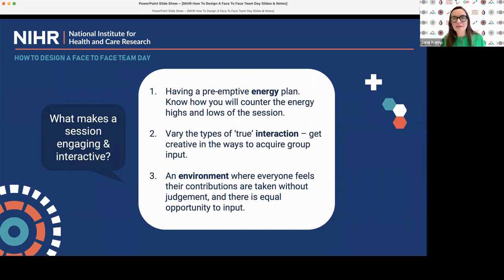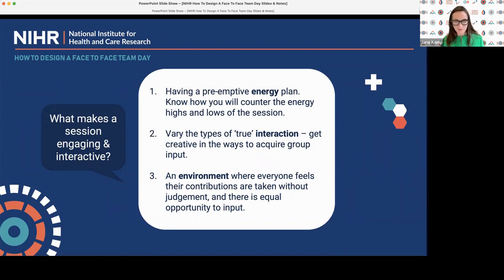So just vary the different types of interaction. Is it full group? Is it an exercise? Is it pairs? Is it individual, solo reflection? So that we can just think of creative ways to make sure that everybody feels safe and feels able to input. So I'd highly recommend the rules, what are our guidelines, or what are we committed to each other today?